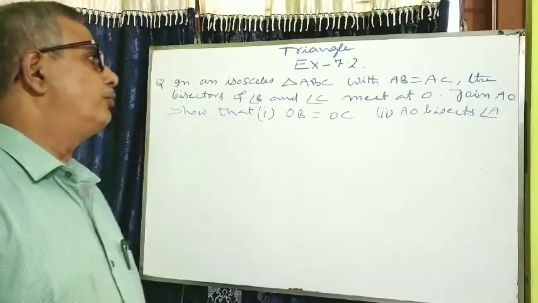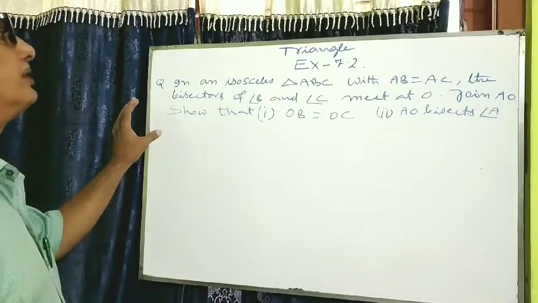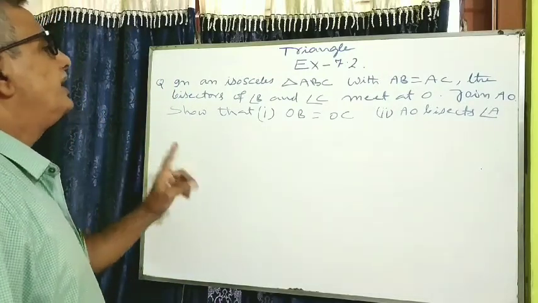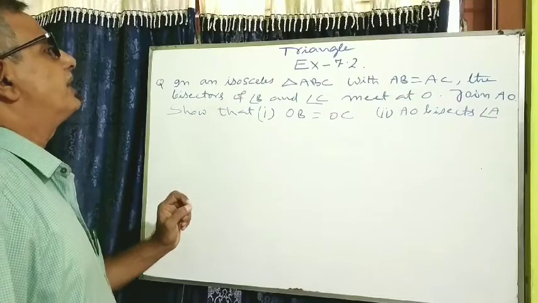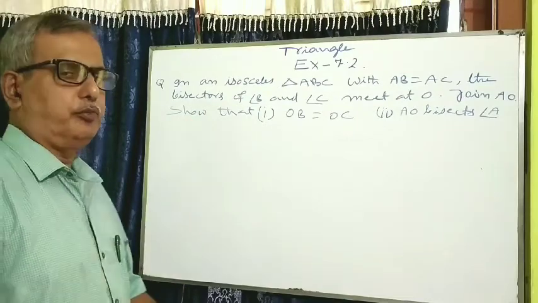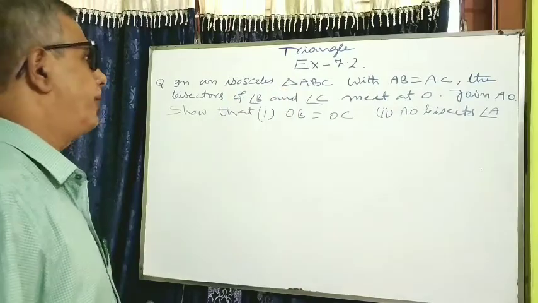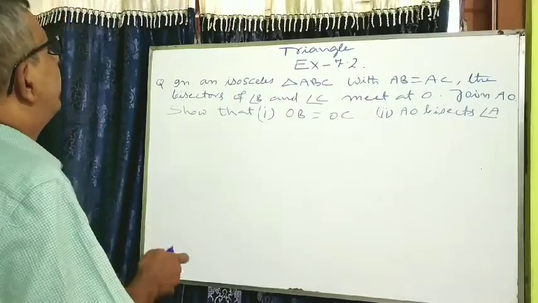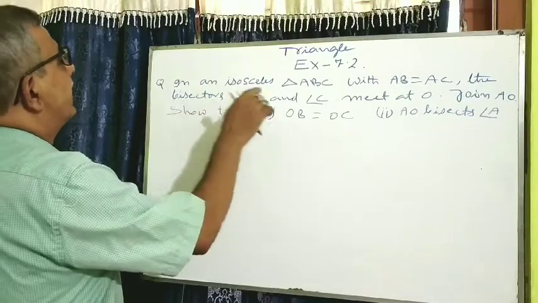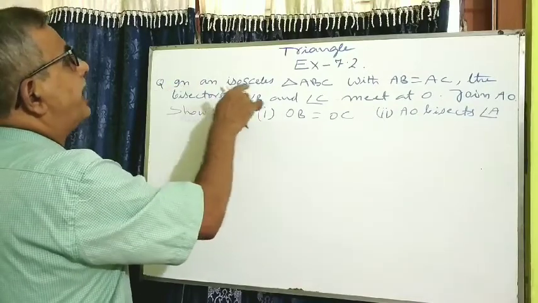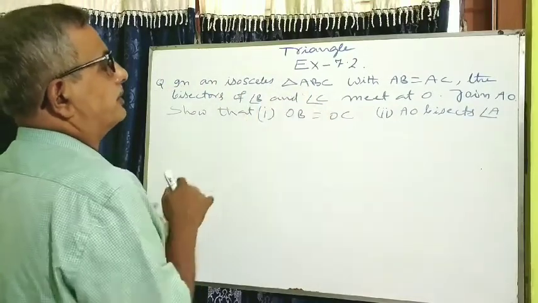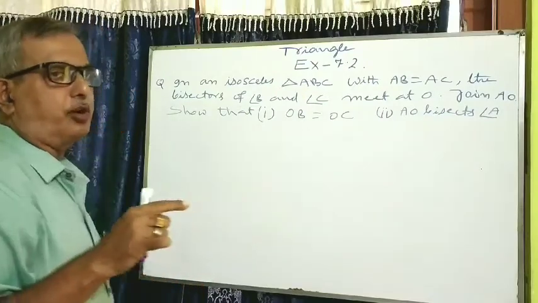The question which I have selected to do on the board is from the Triangle chapter for the students of class 9, exercise 7.2. Here you see, the question is written like that. In an isosceles triangle ABC, which triangle is called isosceles?